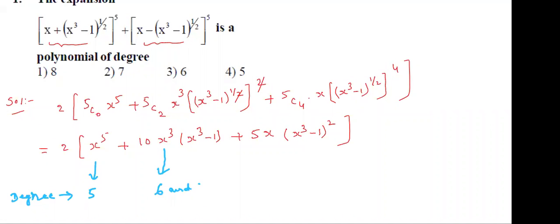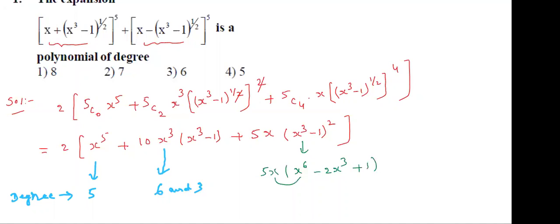Here, polynomial degree means whatever is the highest, that we need to write. What is (x³ − 1) whole squared, students? This expansion: 5x into (x³ − 1)², that is x^6 − 2x³ + 1.